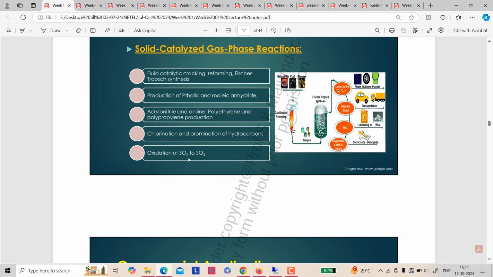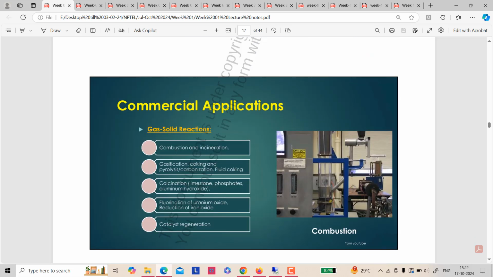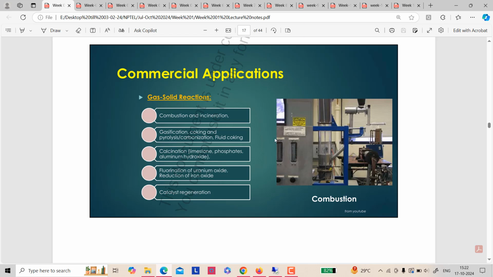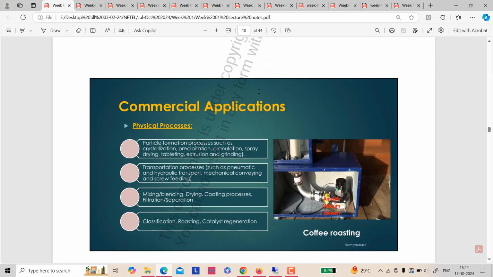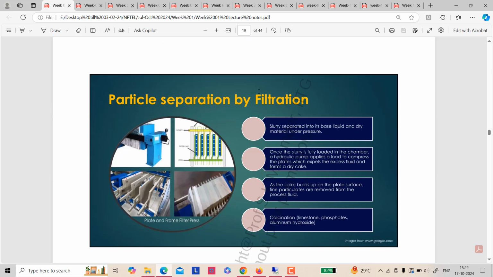These are some of the specific solid-catalyzed gas phase reactions. To produce SO3 from SO2, we need a solid catalyst. Similarly, in combustion also some catalysts are used where there is a gas-solid reaction. These are some of the commercial applications they have shown.